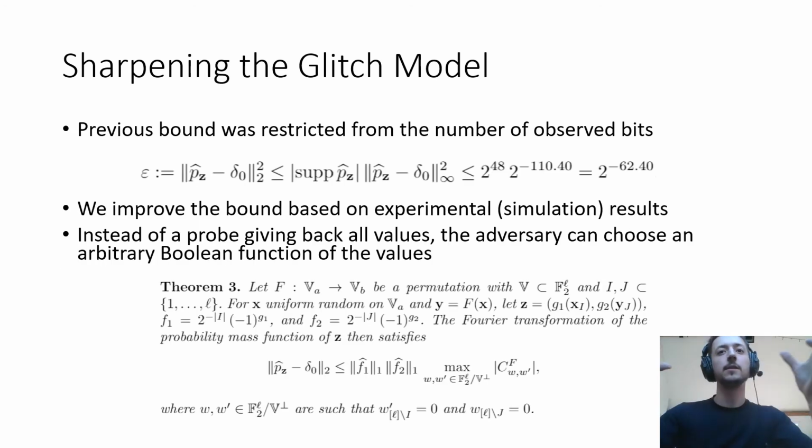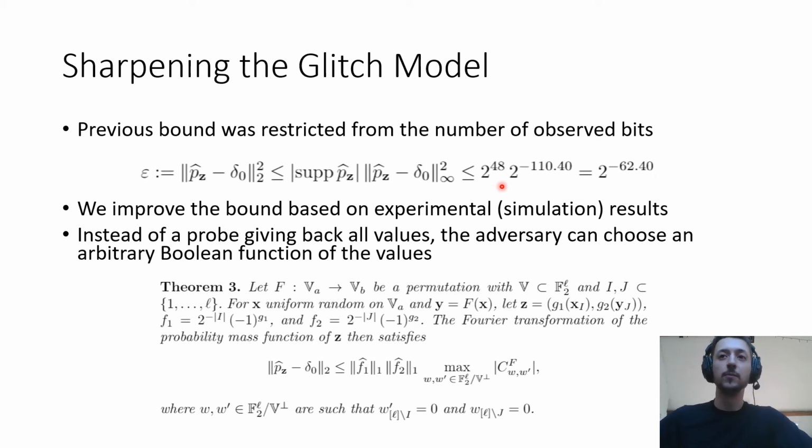So when calculating the previous bounds, we actually found something interesting. We found that when calculating epsilon, which consists of the multiplication between the support of the Fourier transform and the infinity norm of the Fourier transform, which consists of piling up the maximum absolute correlation that we have calculated before, and the number of bits viewed by the probes.